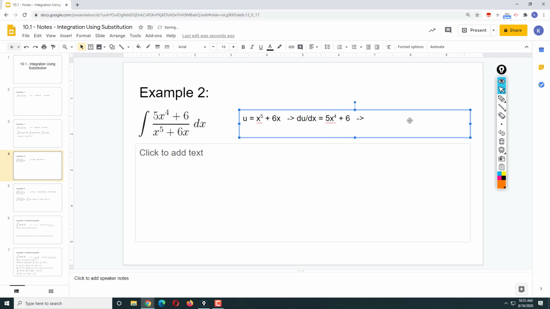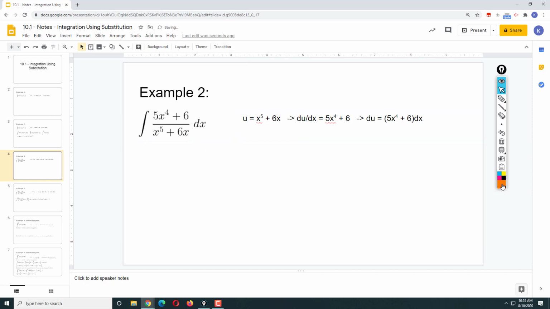In other words, du must be equal to 5x to the 4th power plus 6 times dx. Now we're ready to integrate. The bottom is just u, because u is x to the 5th plus 6x. On top, we have 5x to the 4th plus 6 dx. That's equal to du.